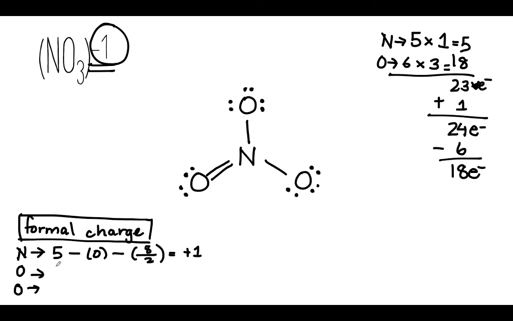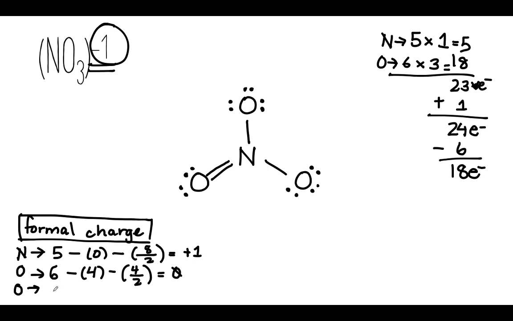Oxygen has 6 valence electrons to start off with, looking at this particular oxygen. It has 1, 2, 3, 4 electrons as lone pairs, minus 1, 2, 3, 4 electrons bonded divided by 2. So 6 minus 4 minus 2 is going to give me a formal charge of 0.